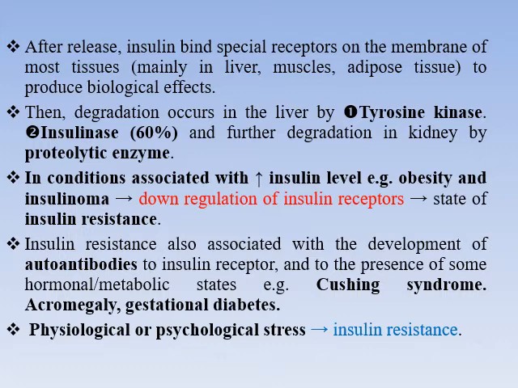Insulin resistance can occur due to the presence of autoantibodies against the receptors or due to certain hormonal and metabolic disorders as in the case of Cushing syndrome, acromegaly and gestational diabetes. Also many psychological and physiological factors can cause insulin resistance and the presence of diabetes mellitus.